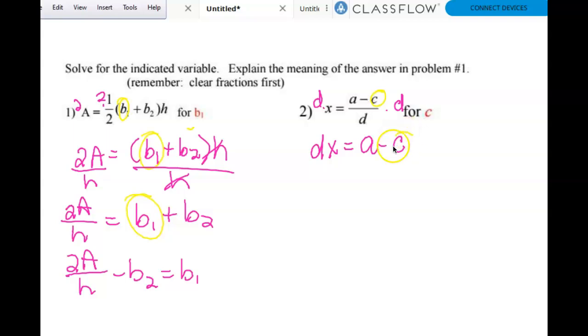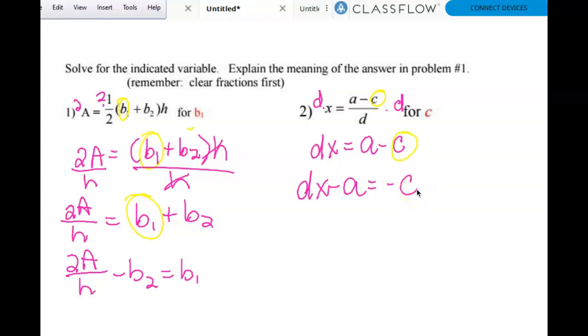So I'm trying to solve for c. I have plus a. How do I move it to the other side? Plus a. How do you undo plus? Minus. All day, every day.